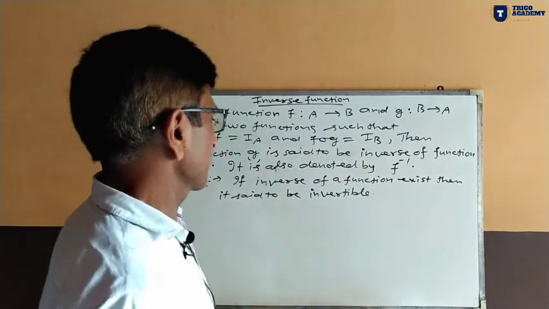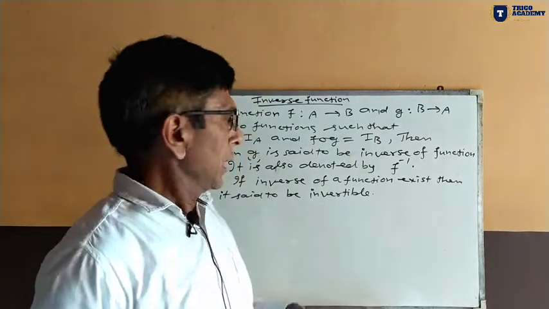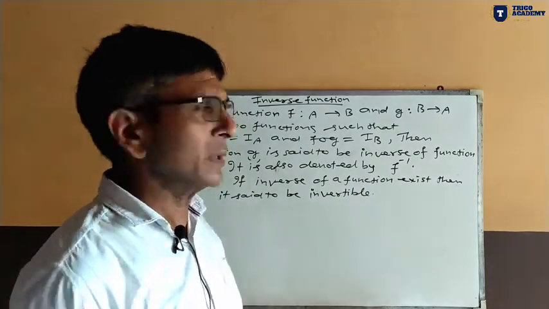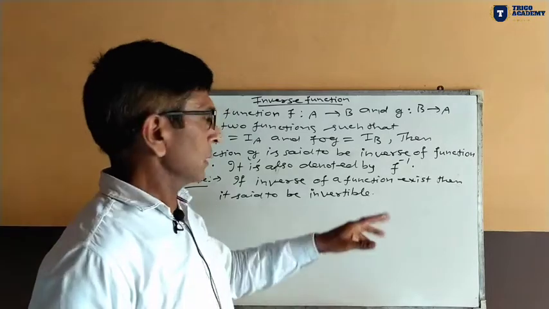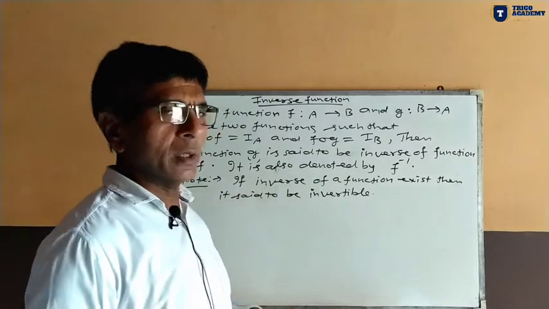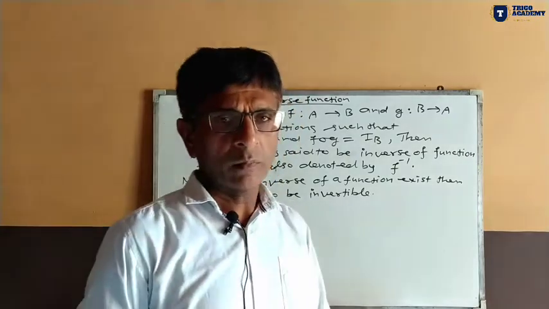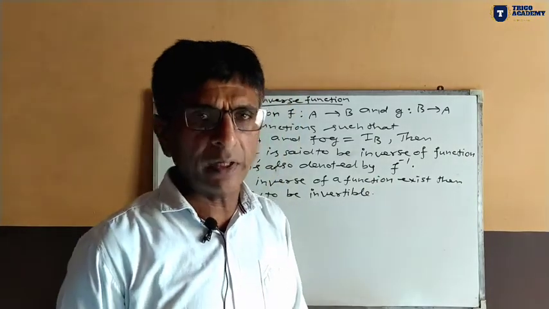It means if the inverse of any function exists, then that is said to be invertible. किसी फंक्शन का इनवर्स अगर एग्जिस्ट करता है तो दैट फंक्शन इज सेड टू बी इनवर्टिबल.